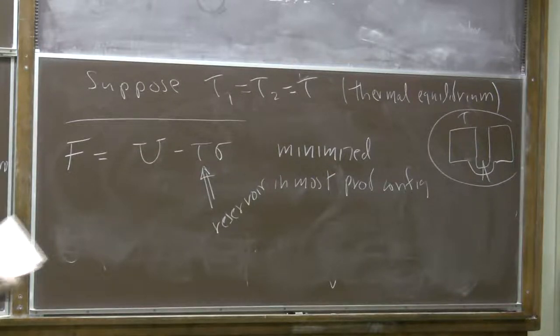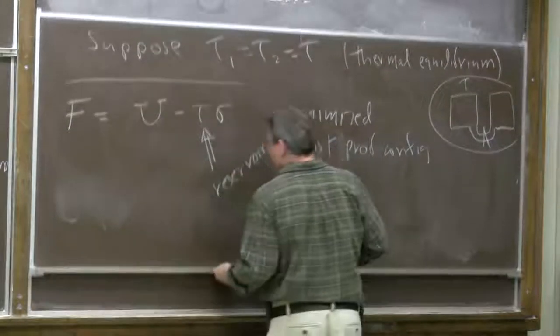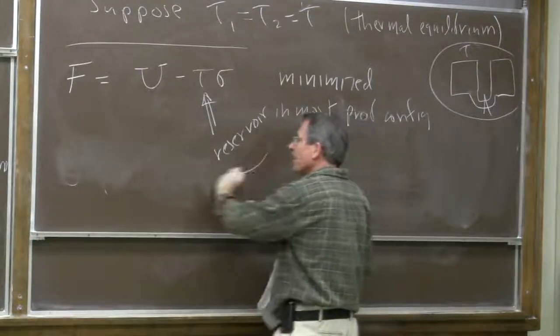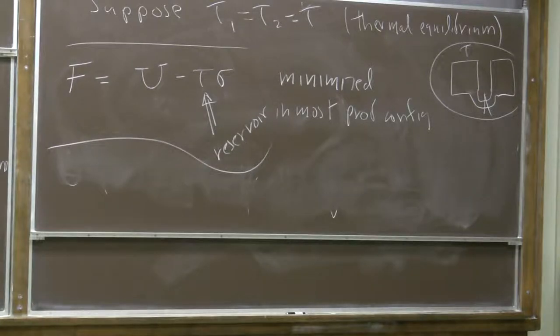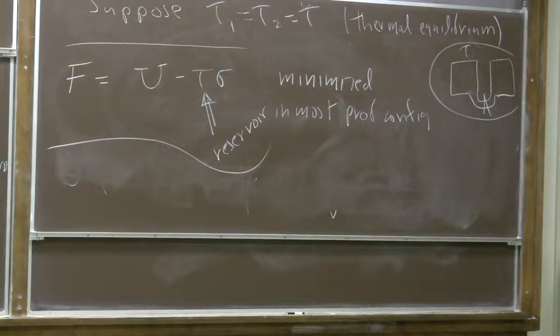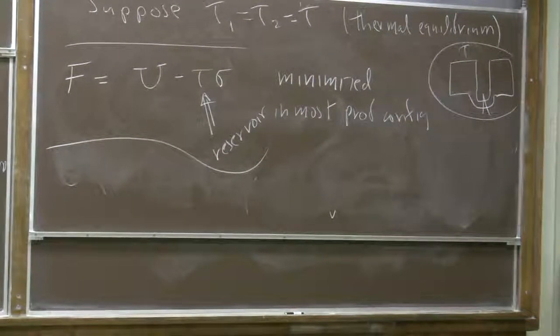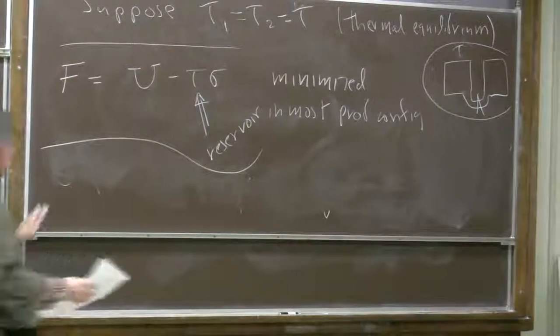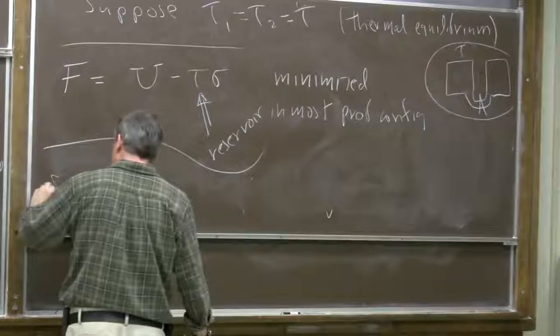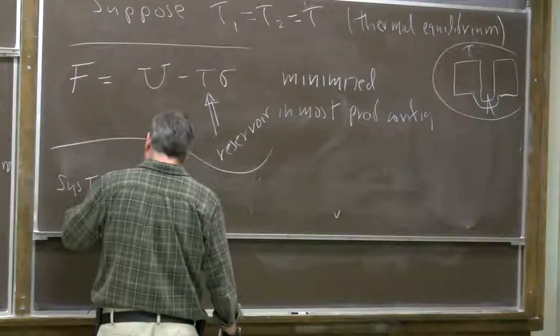Okay. And now we establish diffusive contact. And now the system is going to try to find the configuration which has the minimal free energy, Helmholtz free energy. It's going to decide to share the total particle number between systems 1 and 2 in the most probable way, the way that minimizes the free energy.